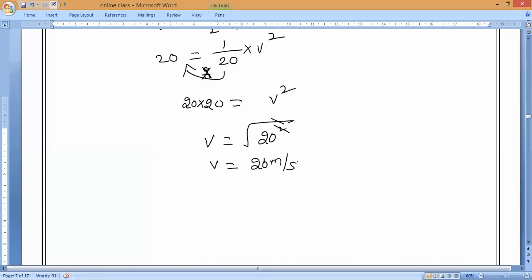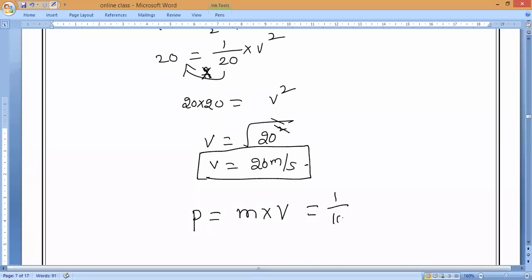Now velocity you know, and mass you know. Now what is the momentum? Momentum P is equal to mass into velocity, which is 1 by 10 kilogram into 20 meter per second, so 2. What is the unit of momentum? Kilogram meter per second.